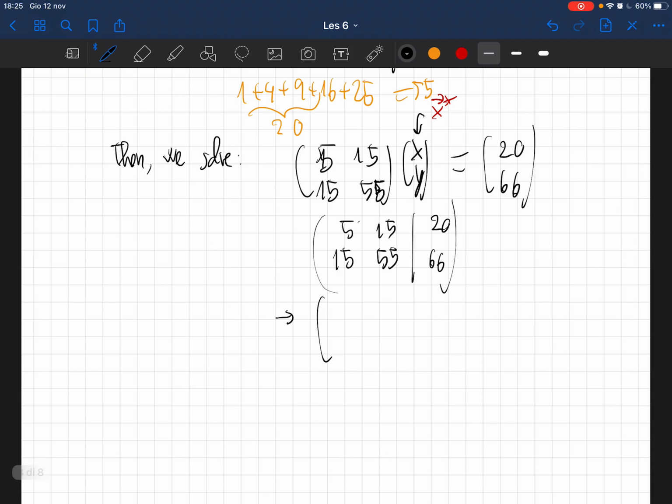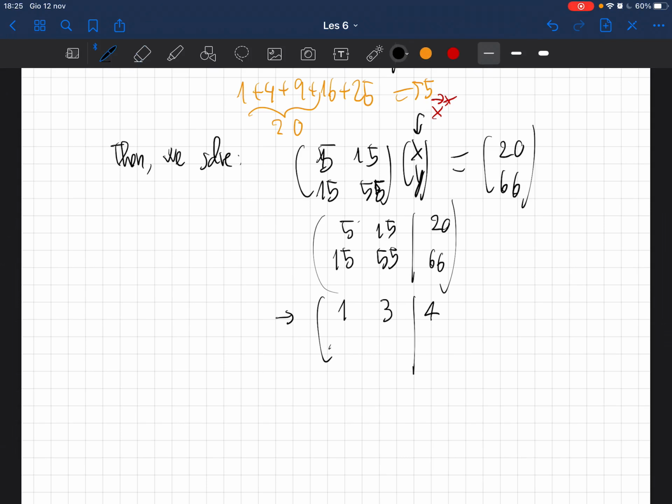So take 15 minus 3 times the first, and hopefully, so yeah, this is it. We should divide by 5 or by 3. Let's just divide by 5 here. It means 1, 3, 4, and by 3 here, which means 5.